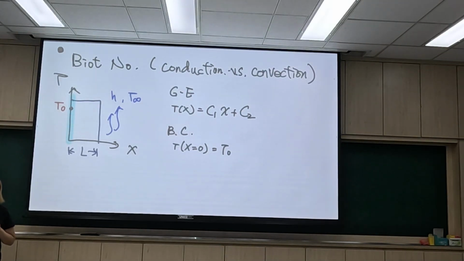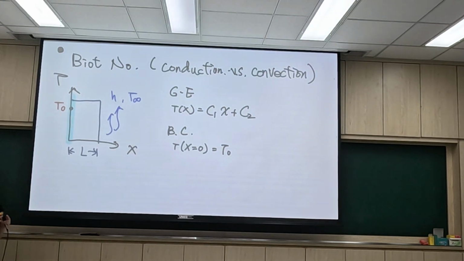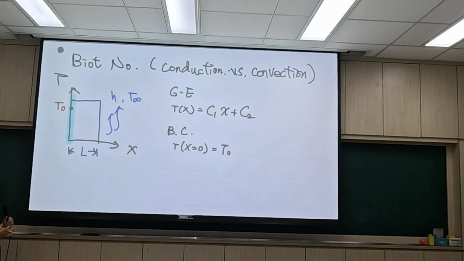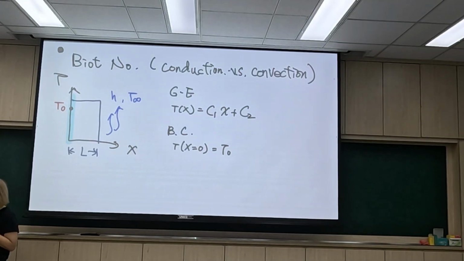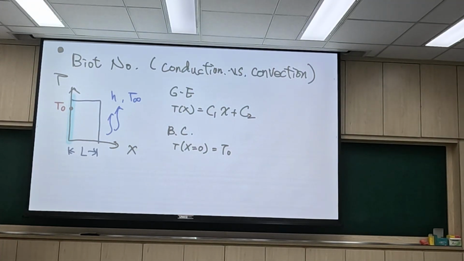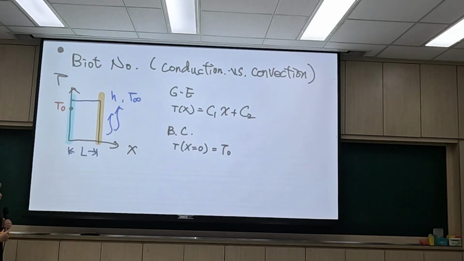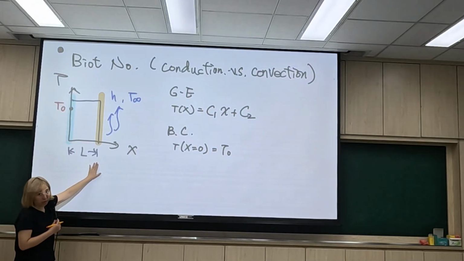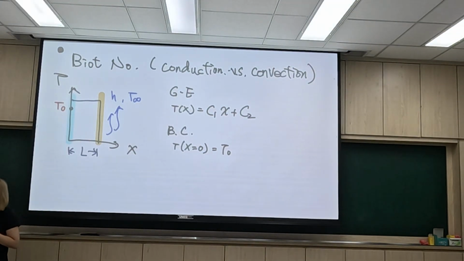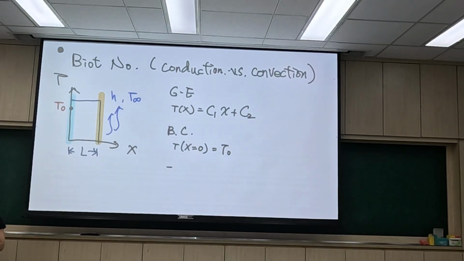On the left-hand side it's not pure conduction; this is only a boundary condition telling you the surface has a temperature called T0. Then on the other side of the wall, we have a phenomenon with conduction and convection, which means the heat flux Q will be the same.